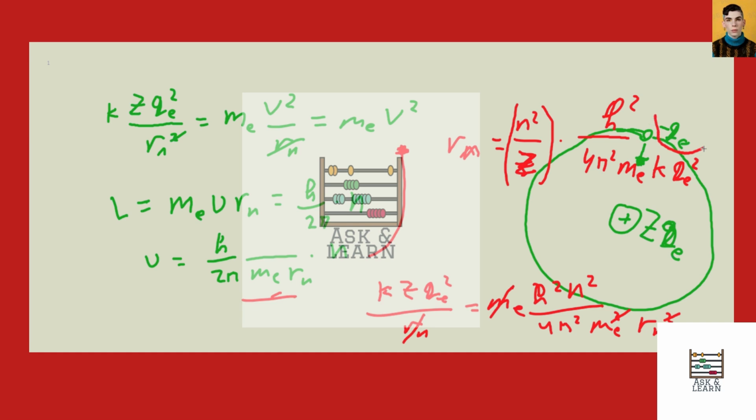So ignore this green writing, and our formula is this. And this part, the right part, is called the Bohr radius. This is a known number, and it is generally written as a_B.